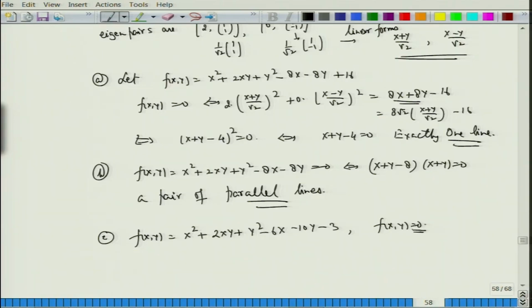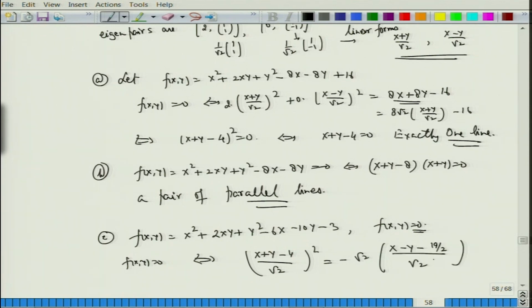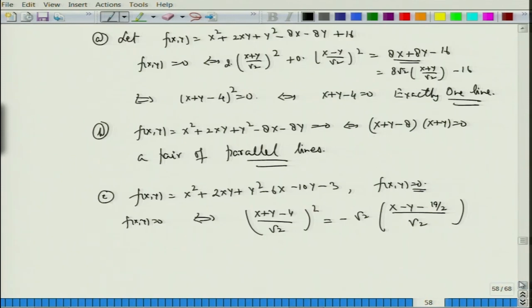I have written it as f(x,y) equal to 0 is equivalent to x plus y minus 4 upon root 2 whole square is equal to minus root 2 times x minus y minus 19 by 2 upon root 2. This is what I have written as my expression, all right.